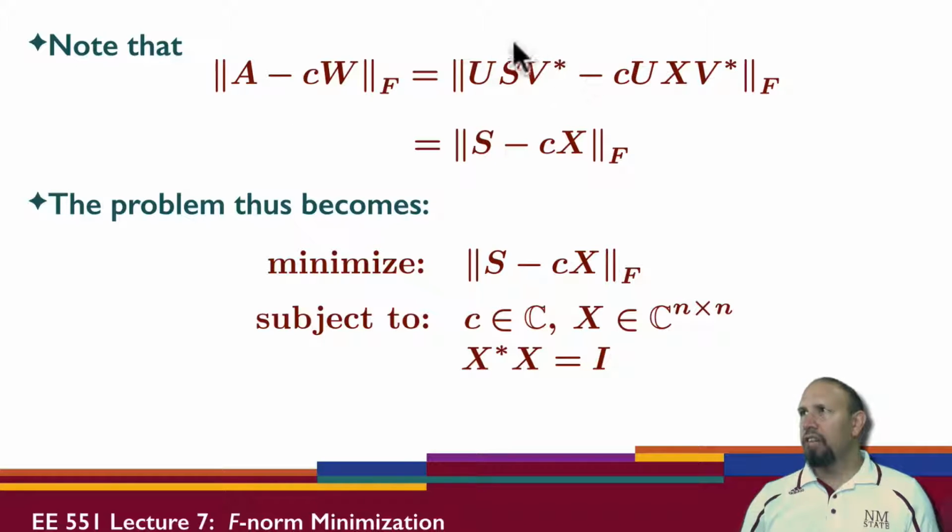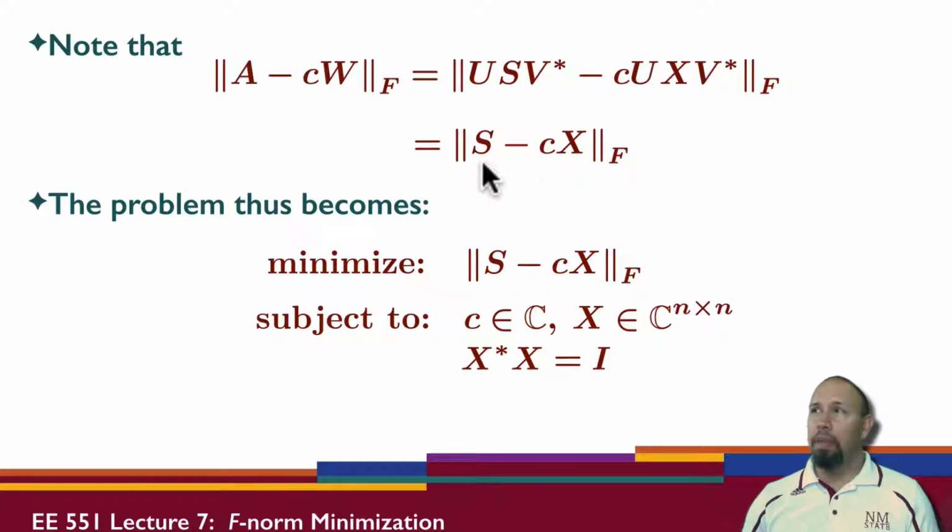A has this singular value decomposition, and so we can show the Frobenius norm is what's called unitarily invariant, which means, so notice I have the same unitary matrices multiplying on the left and the same unitary matrices multiplied on the right, and so this difference in Frobenius norm is equal to this difference.